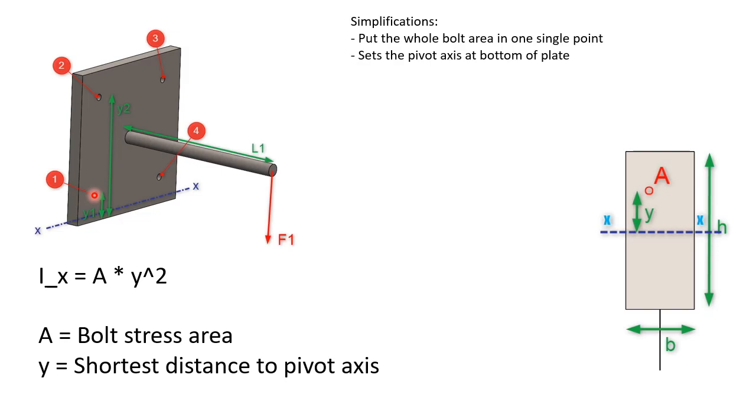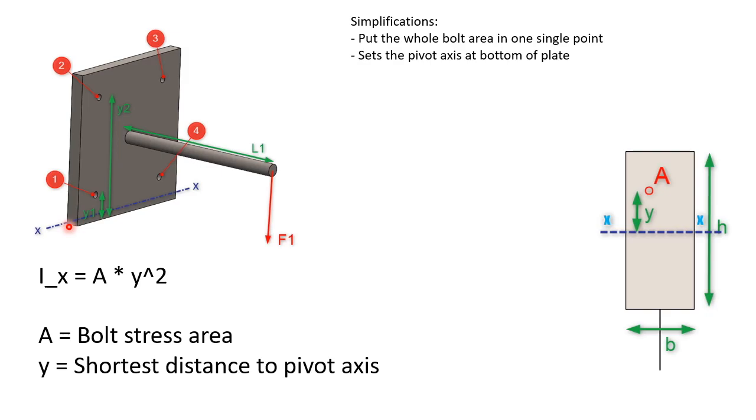Another simplification is that I put the pivot axis down here at the blue line. If this flange is perfectly stiff and there is no bending in it at all, this will be correct. But in most cases, there will be a slight bending, and this pivot axis is perhaps a little upward. But again, I think it's quite a good estimation.